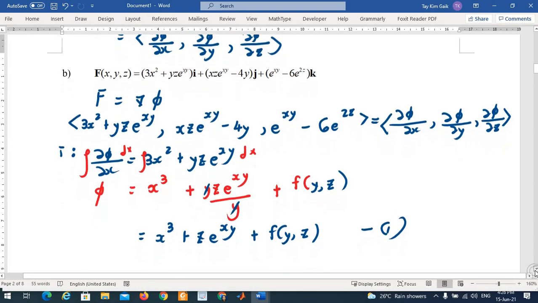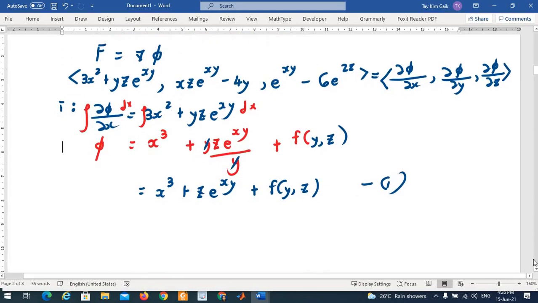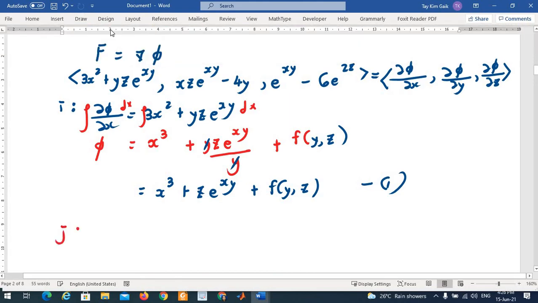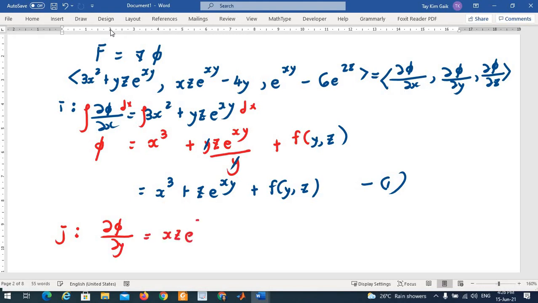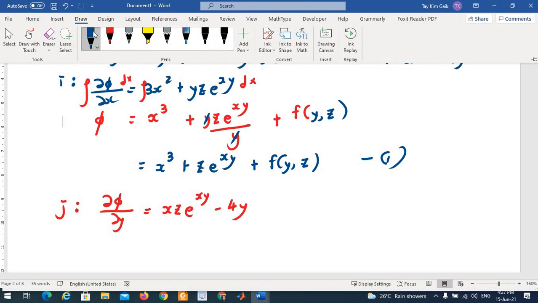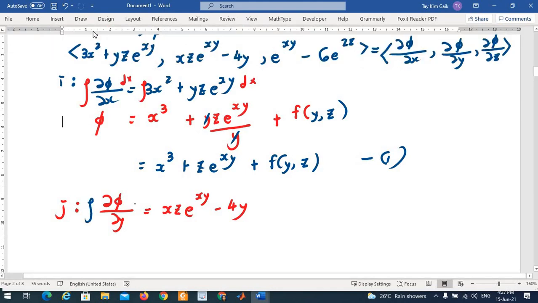And then from component j, compare del phi del y equal to xz e^(xy) minus 4y. Similarly, you integrate with respect to y, so del y and dy cancel, and you get phi.